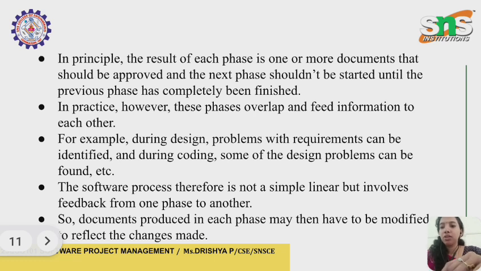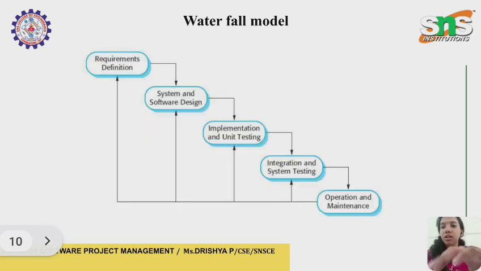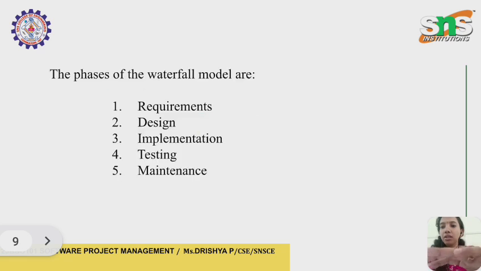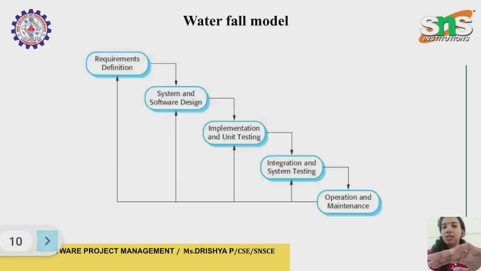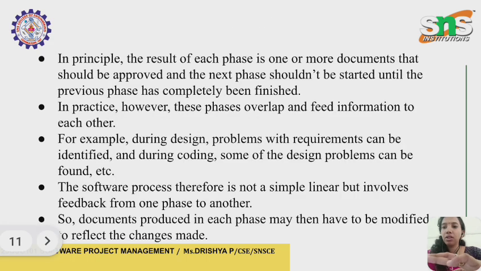So we should understand the steps. Don't forget the stages: requirements, design, implementation, testing, maintenance. This is the flow, and based on the shape it is known as the waterfall model. In practice, these phases overlap and feed information to each other.